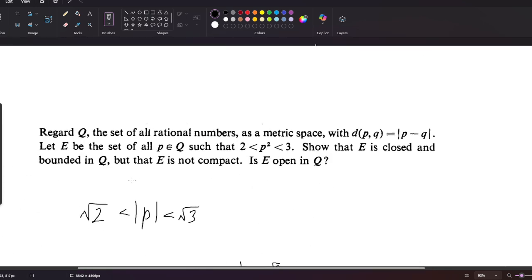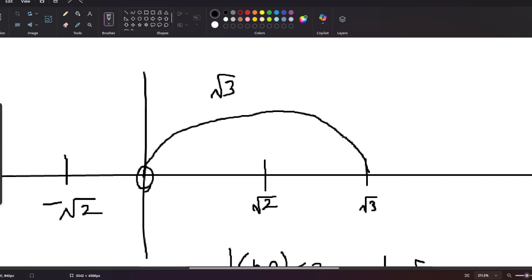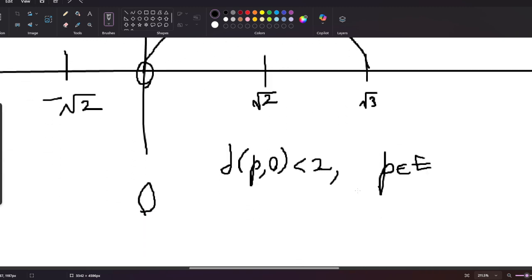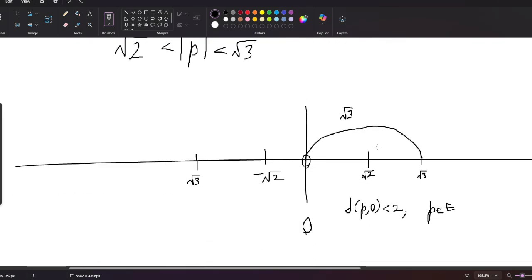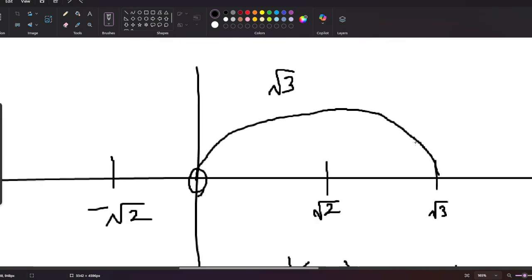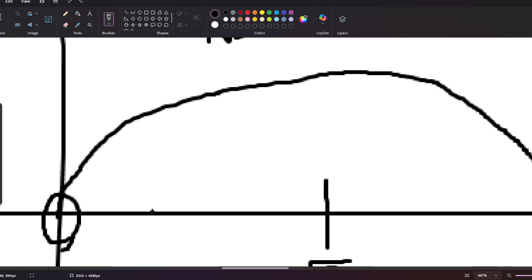Now, next part, we have to show that it's closed, show whether it is open or not, and whether it is compact or not. Whether it is open or not, it's supposed to be open as long as every point is interior.